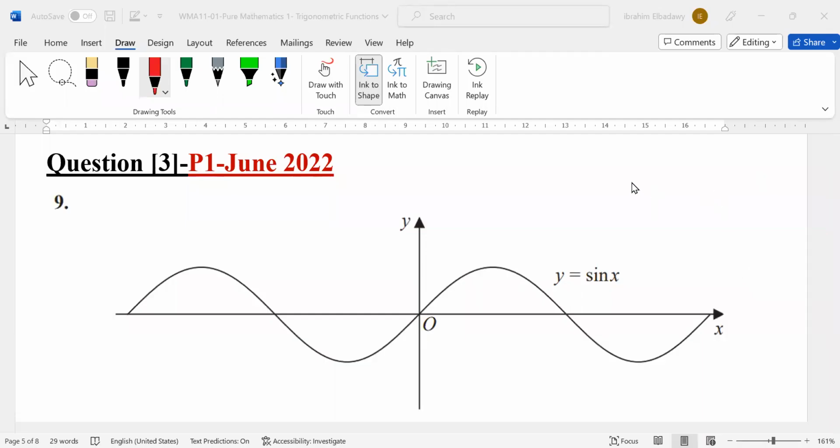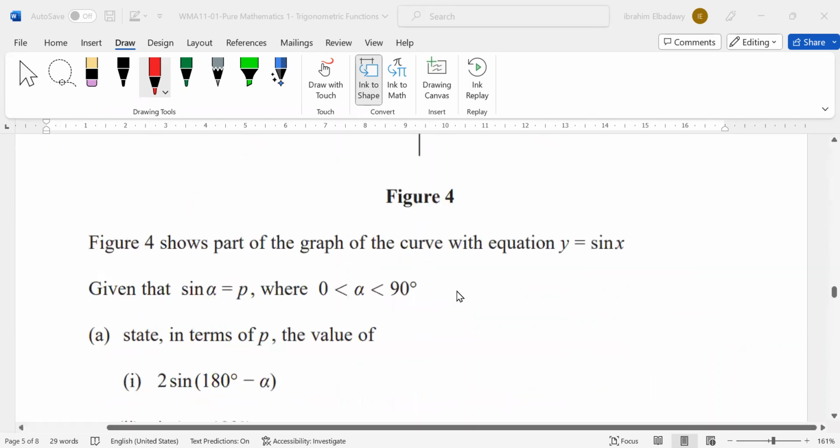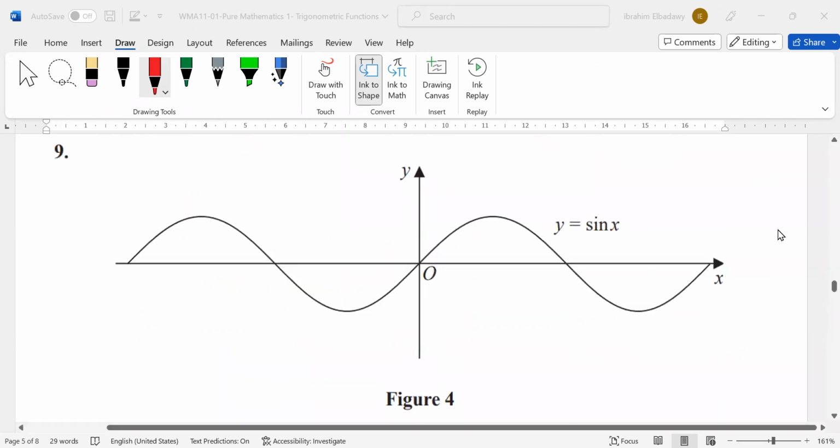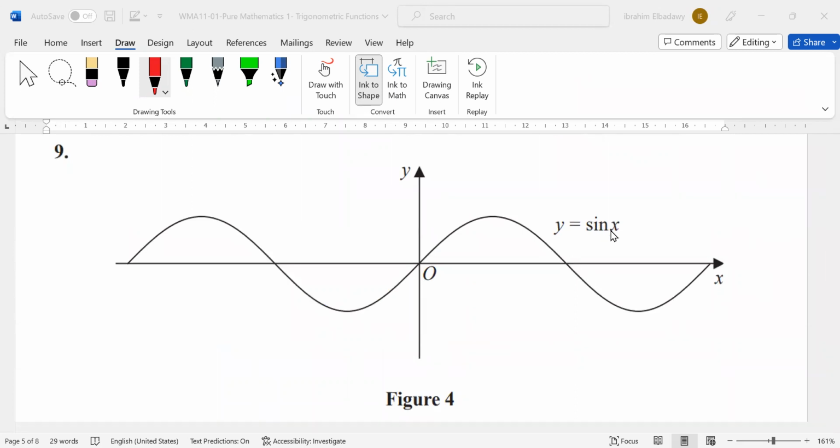The third question is related to John 22, which is this diagram, and this is the question. Regarding the diagram, he wrote y equals sine x. This is normal sine. What is the meaning of normal sine?